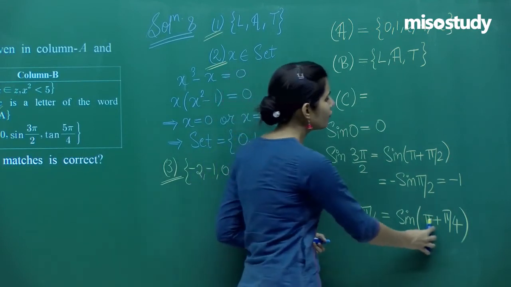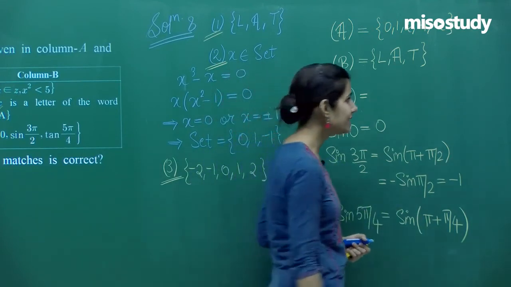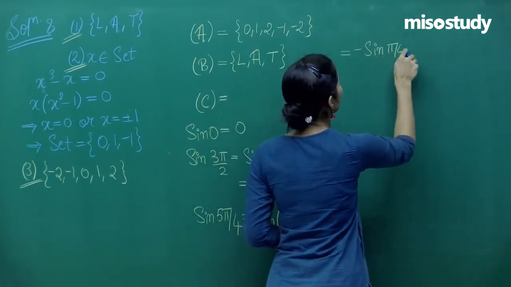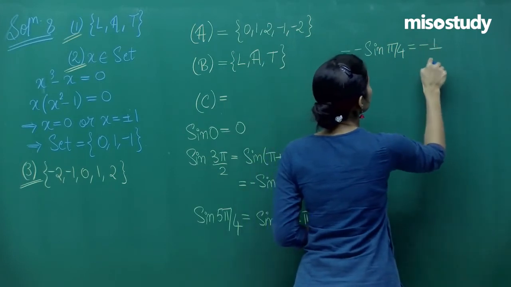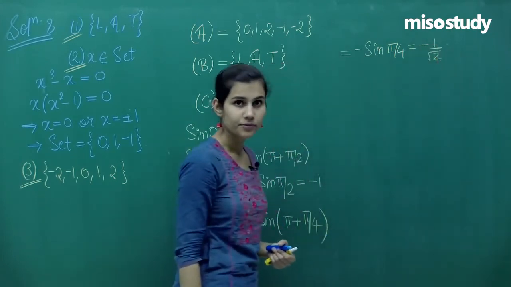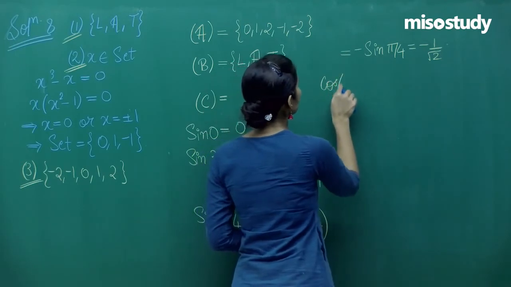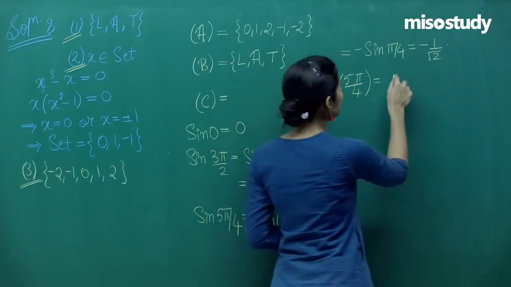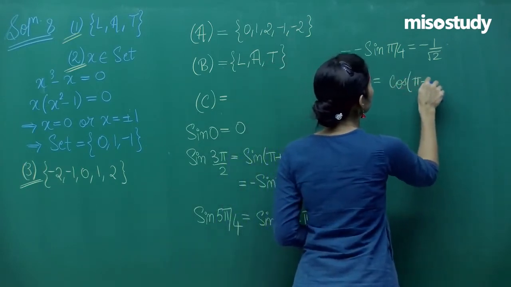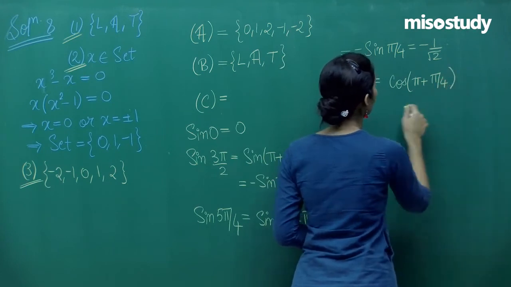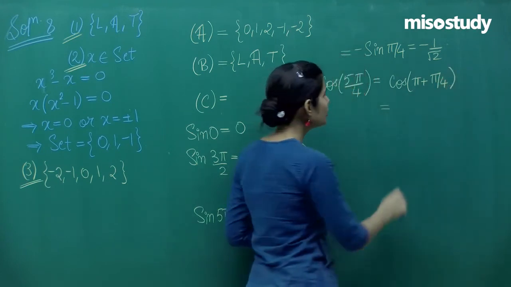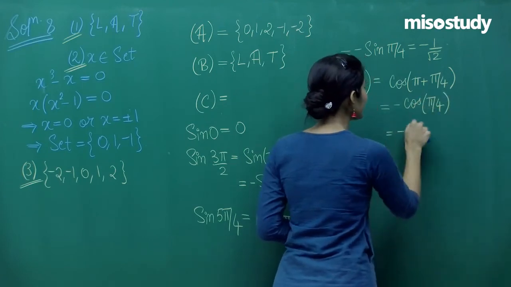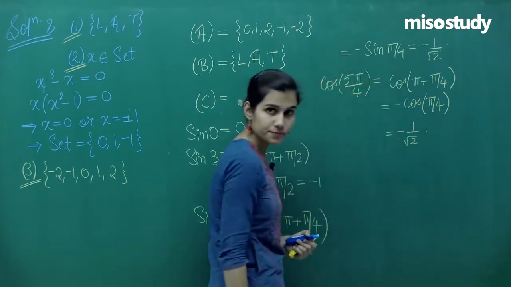You all know that sine of 180 plus theta is again minus sine theta, and therefore you get this to be equal to minus sine pi by 4, which is nothing but minus 1 by root 2. Again, what is cos 5 pi by 4? I can decompose it as cos of pi plus pi by 4. Again, this is equal to minus of cos pi by 4, which is again minus 1 by root 2.